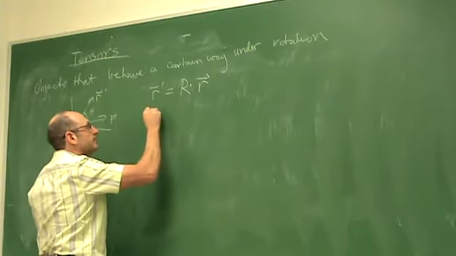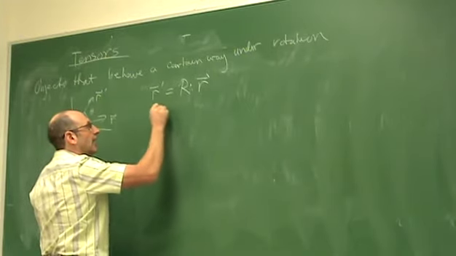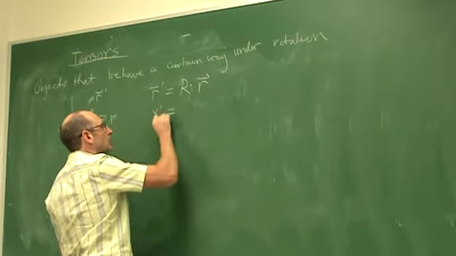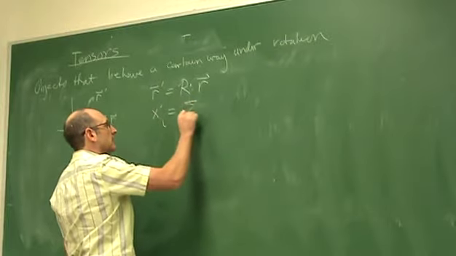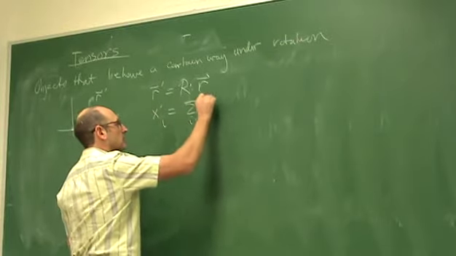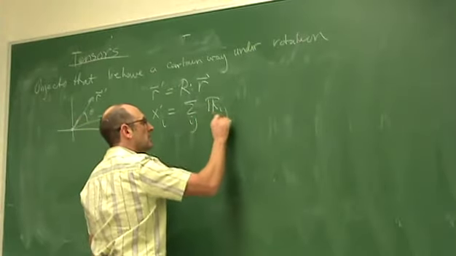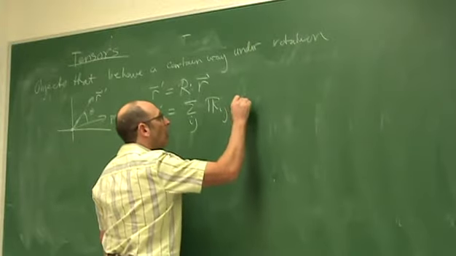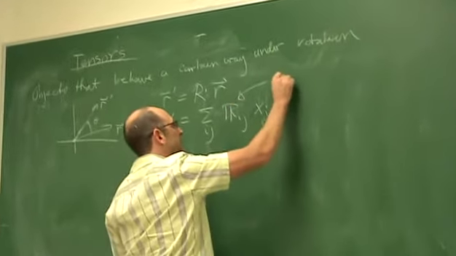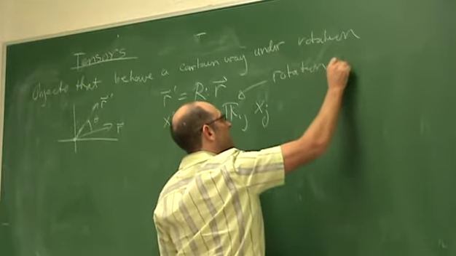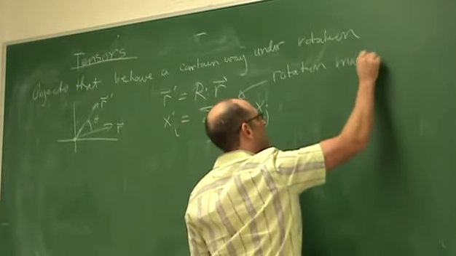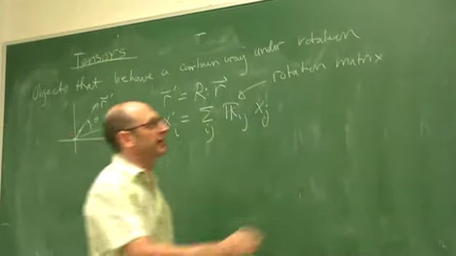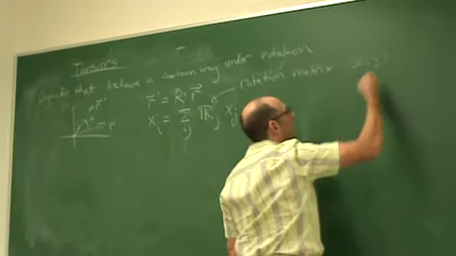So if I were to write x sub i as the coordinates, then the coordinates of the new vector are related to the old coordinates through a rotation matrix. Okay? So the rotation matrix is an SO(3) matrix.